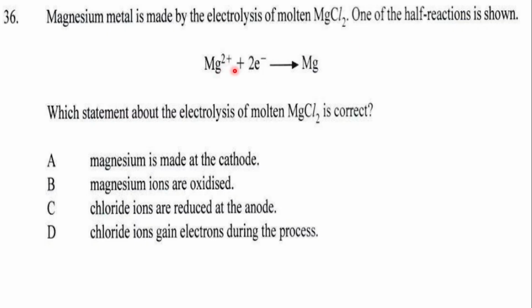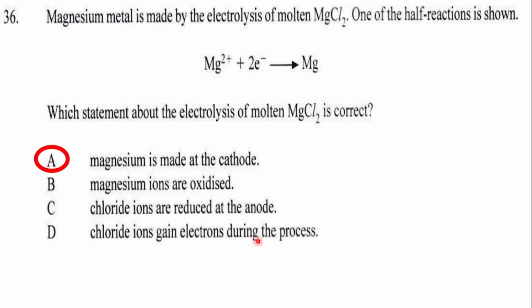So we have Mg2+ plus 2 electrons, and that gives us magnesium. Which statement about electrolysis of molten MgCl2 is correct? So we're looking for the correct statement. Is it A, magnesium is made at the cathode, B, magnesium ions are oxidized, C, chloride ions are reduced at the anode, or D, chloride ions gain electrons during this process?